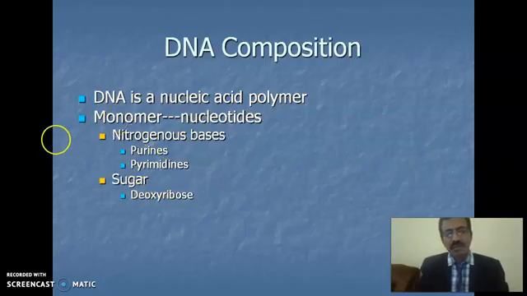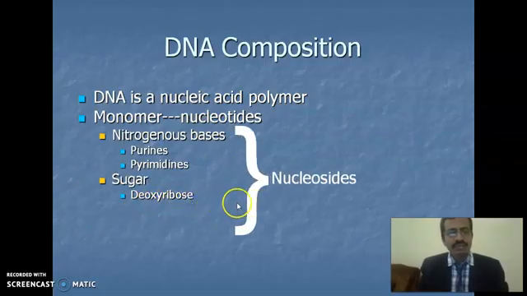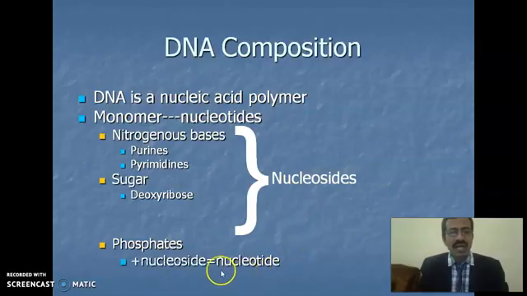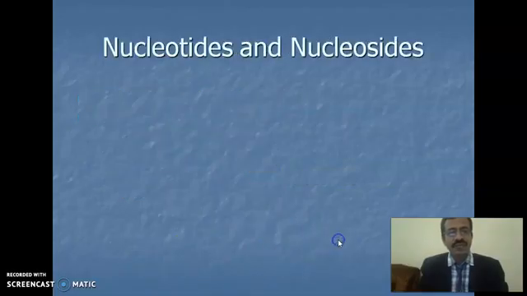It is a 5-carbon sugar, so it is called pentose sugar, and since it lacks one oxygen, it is called deoxyribo sugar. The nitrogen base and sugar together are called a nucleoside. In combination with phosphate, nucleoside and phosphate together are called a nucleotide.